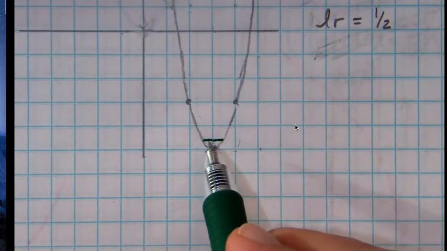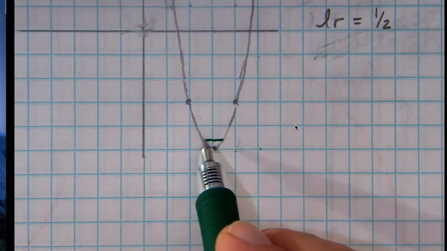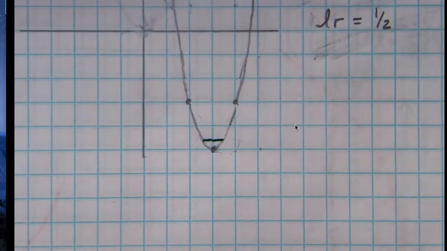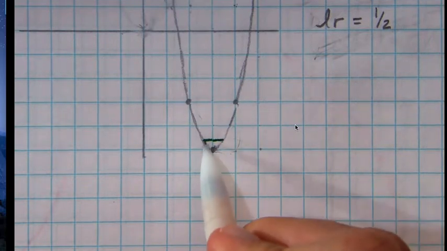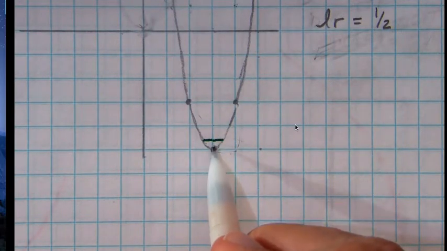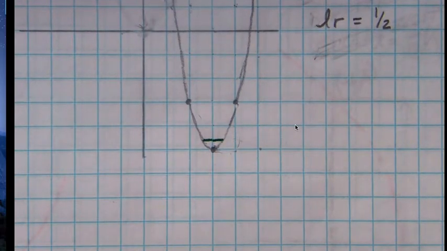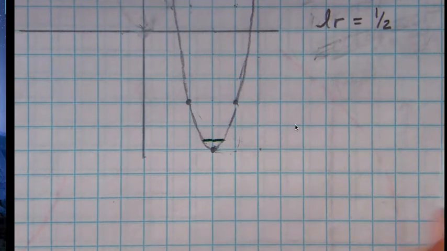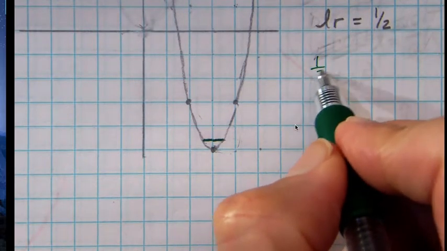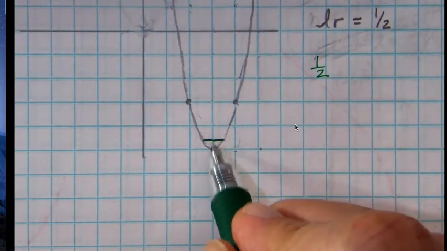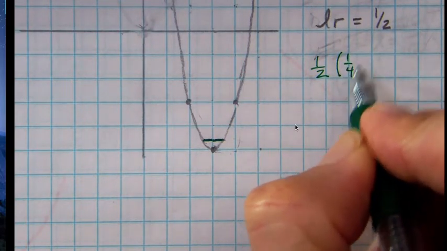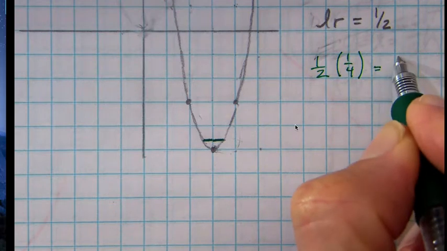Well, remember that the relationship between the focal chord and the gap was a 4:1 ratio. This is 4 times greater than that little space right in there. So this is a 1/2 unit, and the gap is 1/4 of that. 1/4 of 1/2, I end up getting 1/8.